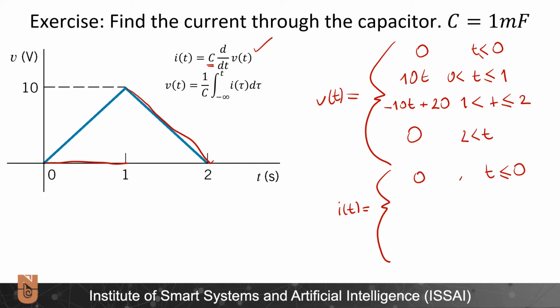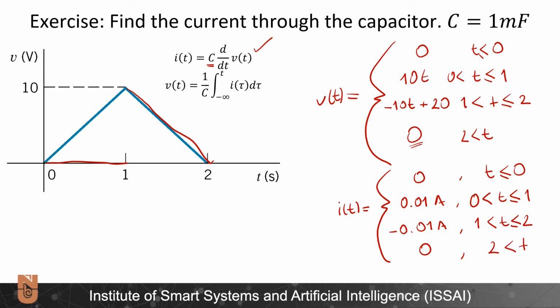Milli means 10 to the power of minus 3. Accordingly, I will have 0.01 amperes for t between 0 and 1. And lastly, I will have 0.01 amperes, but with a minus sign because I have minus 10t, and this will be between 1 and 2. And the derivative of 0 volts here will be again 0, so this will be for this range.